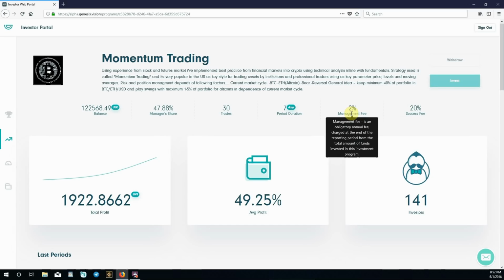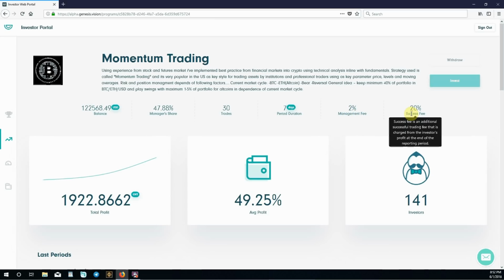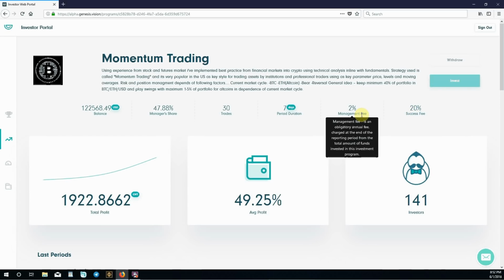So a 22% total fee is what they will charge you when they are successful and for handling your money. So you would get $178 back. If they didn't make a profit, they just charge you 2% out of the $100 that you gave them, so they would give you $98 back if they didn't lose money.